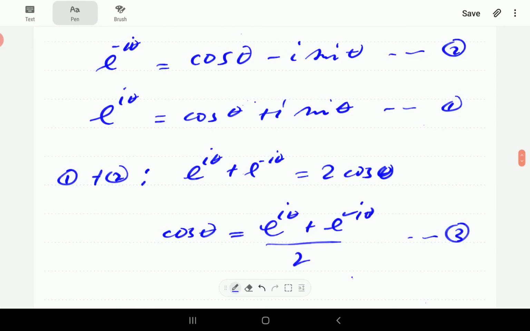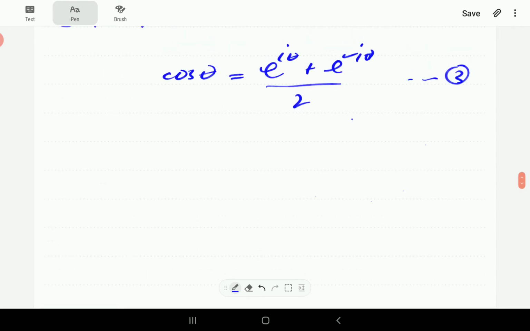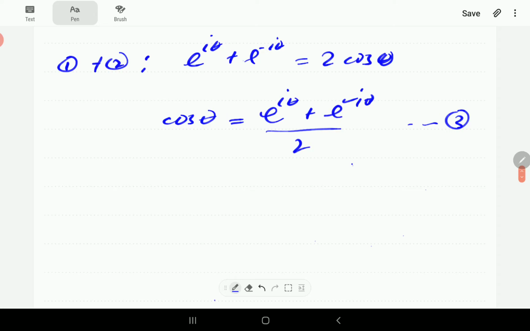Now if we subtract these two, so if we do 1 minus 2, then this time the cosines will cancel out, and these will add up. So 1 minus 2 is going to give us e to the i theta minus e to the minus i theta.